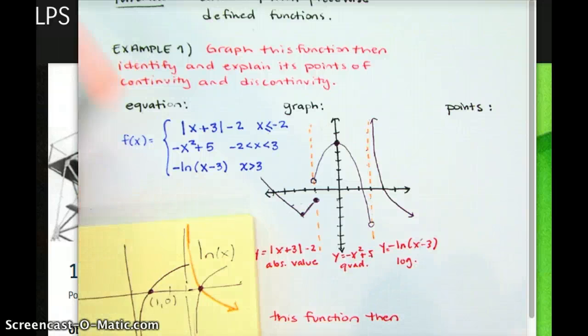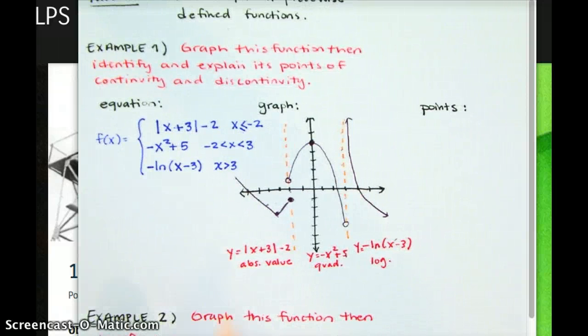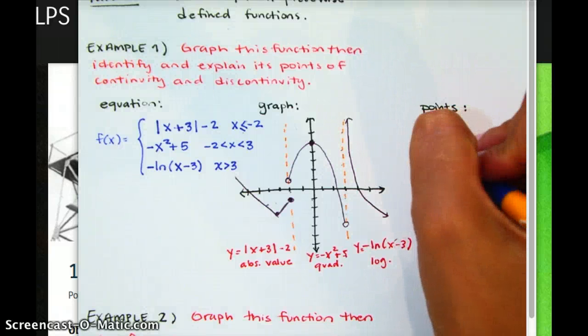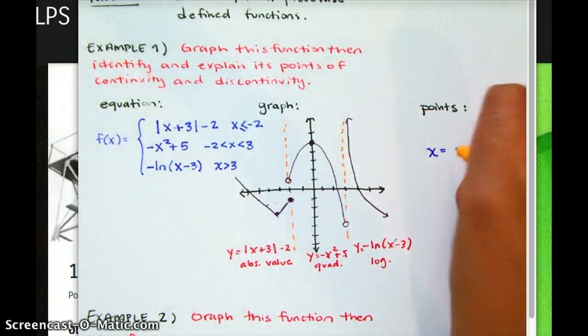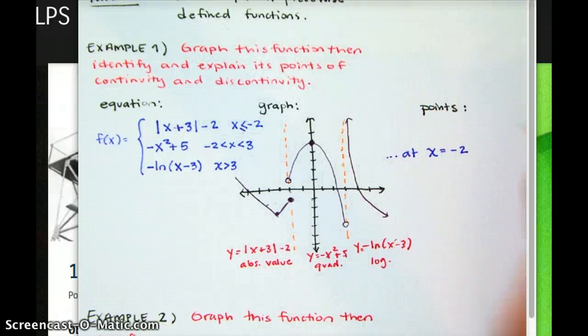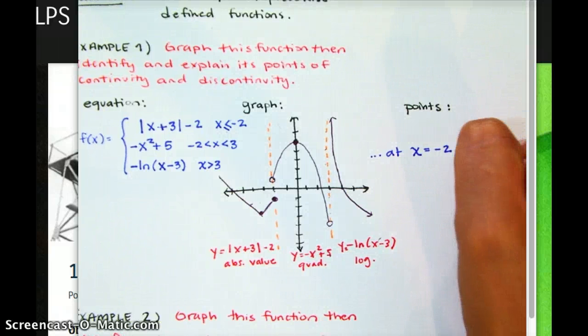Beautiful. What we need to do is identify the points of discontinuity. This you can do just based on what you see, because you've taken the time to make a really accurate picture. So here's what I see. I see a continuous function where all the points are connected until the point where x equals -2. And at x equals -2, this function has a jump discontinuity.